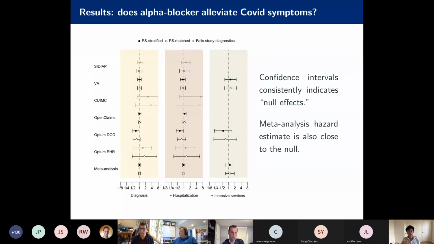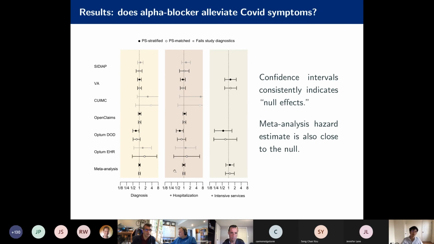Here come the results. Does alpha-1 blocker have the possibility to save the lives of COVID patients? Unfortunately, our study indicated no effect.